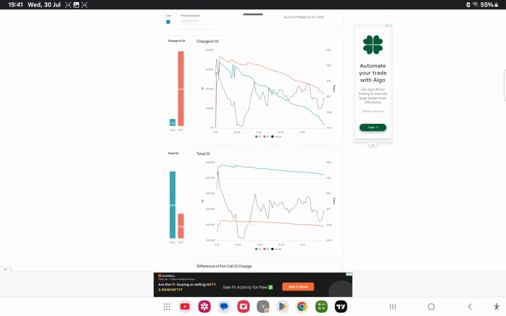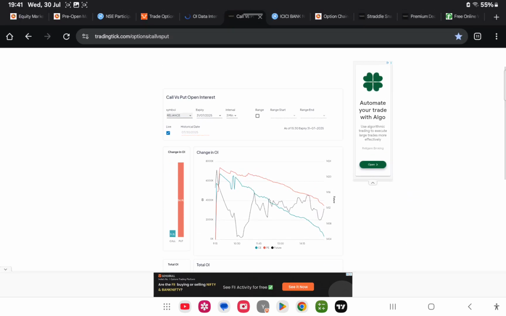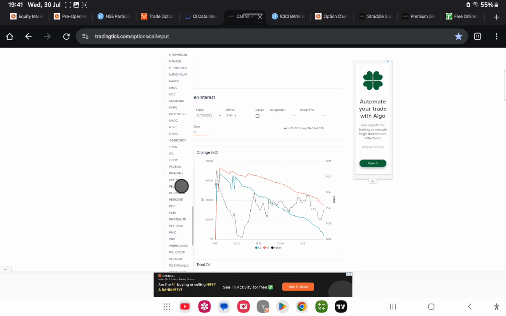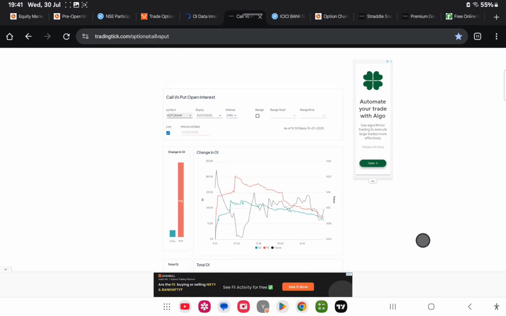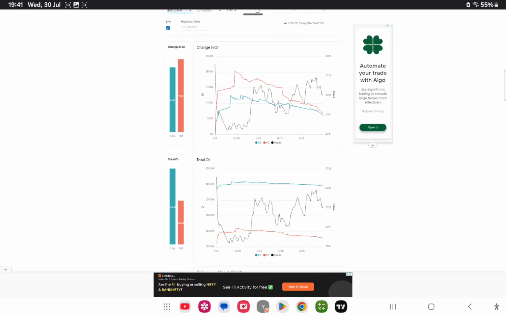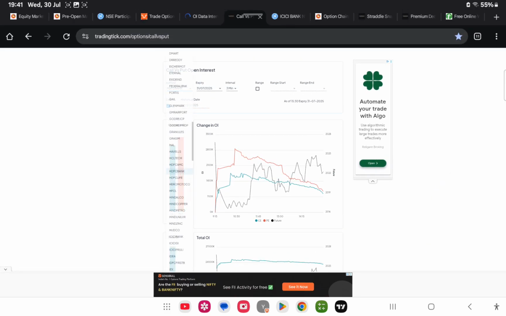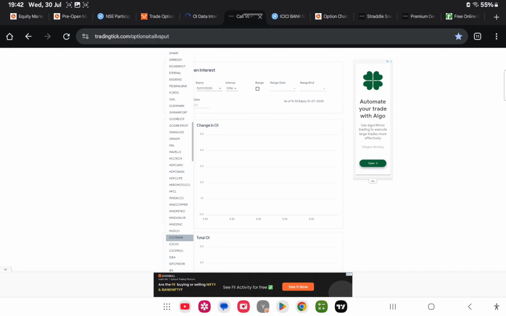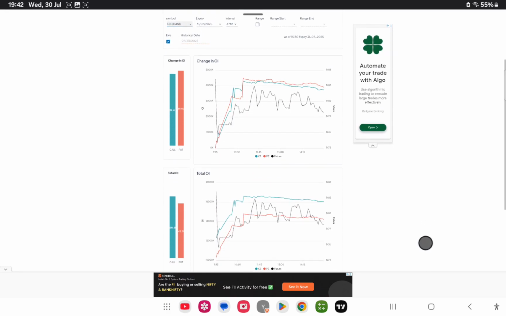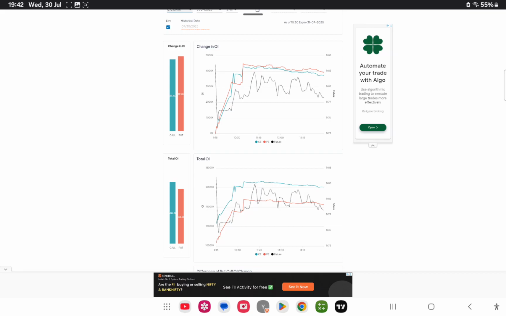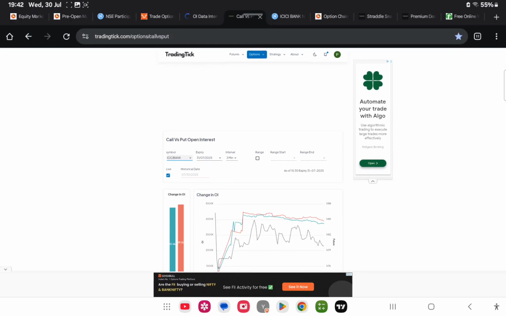So Reliance, you could see still call writers are very up. Next we'll take HDFC. So this is HDFC Bank, and you could see call writers are up. And then we'll see ICICI. ICICI we have almost similar, so this is showing us as a sideways zone.